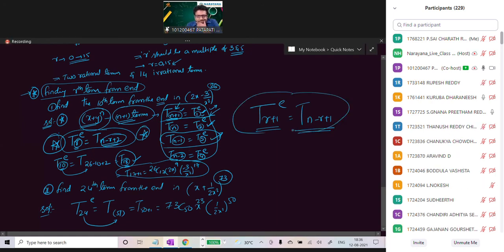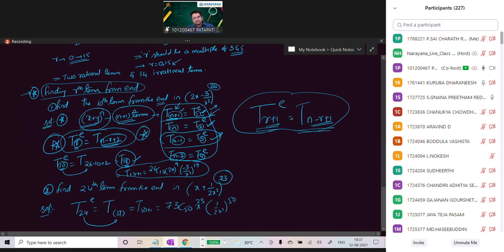Does it make sense? Correct, no? The rth term from the end is T n minus r plus 1 from the start. Is it okay? See, you just have to ensure that the sum of these is n plus 2, and that's right. Is it clear? Yes, sir.